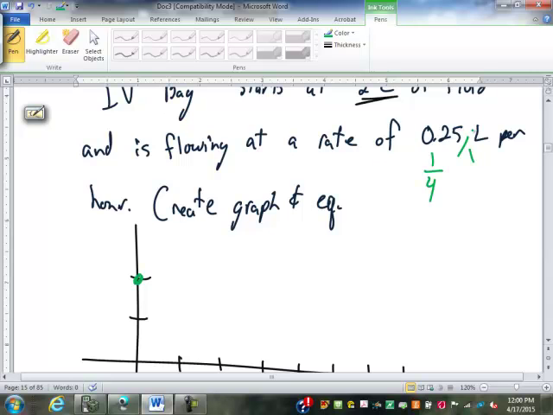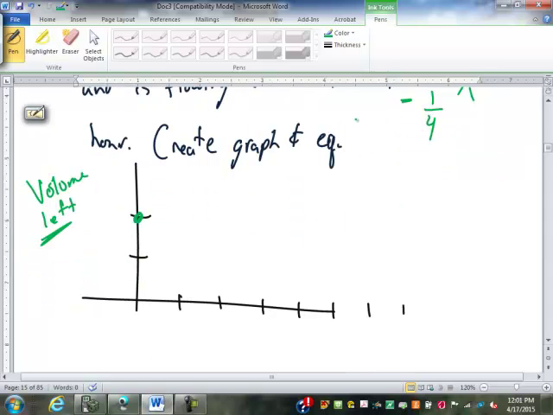So it's flowing at 0.25 liters an hour. If what we're showing here is the volume left, that's negative. It's decreasing the volume in the bag. So if I do the 1/4, it's a negative 1/4, which means from that point we're going to go down 1 and over 4 to right there.